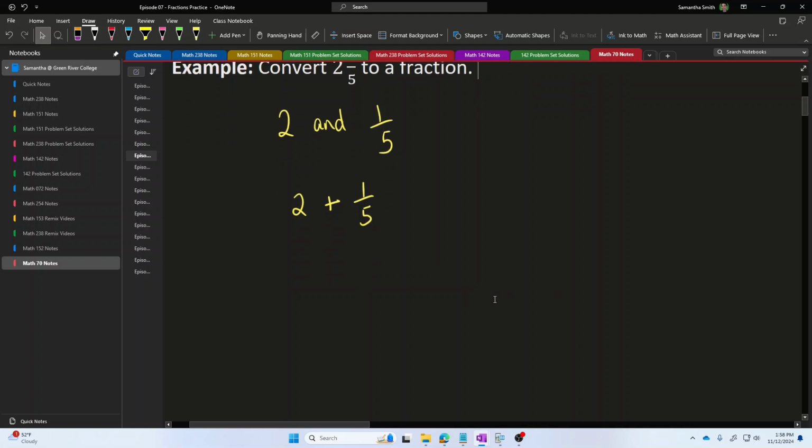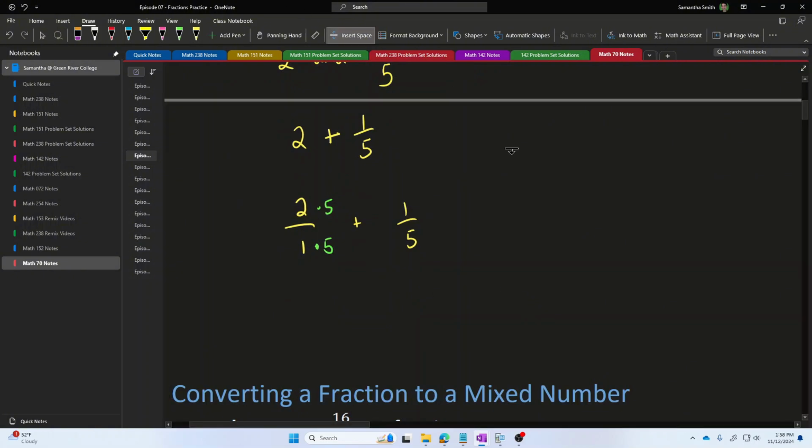I would think about 2 as 2 over 1. And then I would try to get these two quantities to have the same denominator. Instead of 2 over 1, for example, I'll try and convert that first number so that it's over 5.